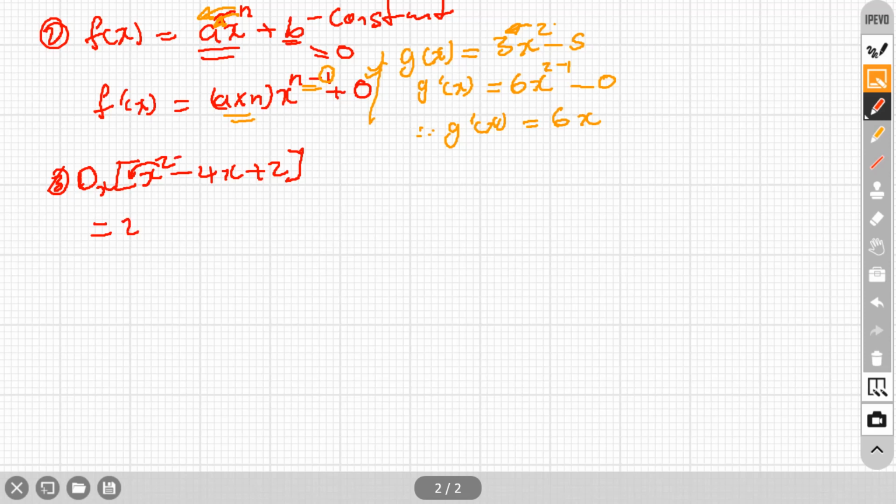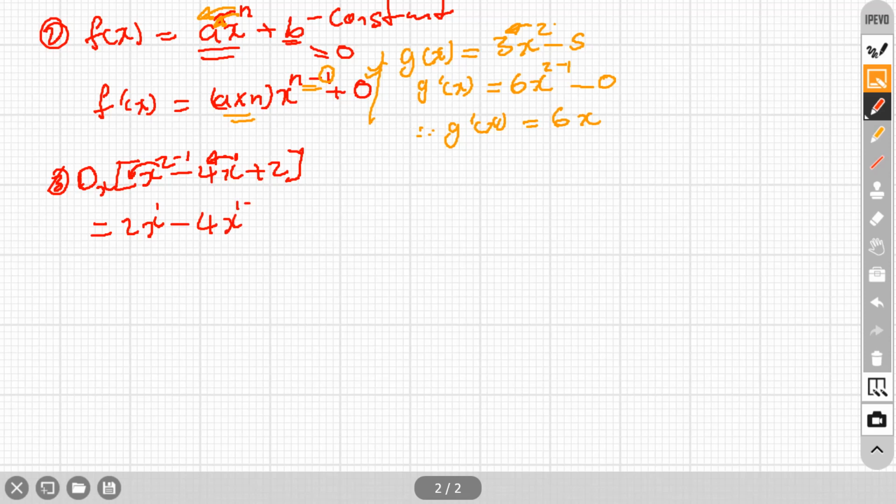Then we subtract 1 from 2, and we get x to the power of 1. Then the power of this x, which is 1, will multiply the coefficient, which is negative 4. So 1 times negative 4 will give us negative 4.